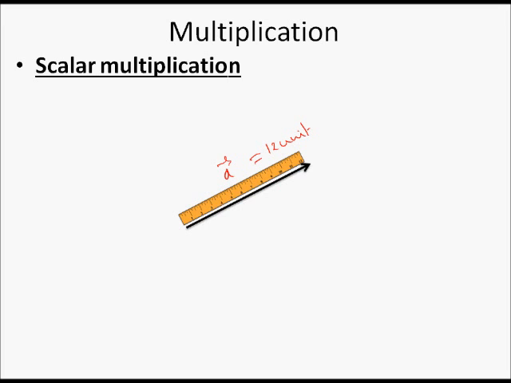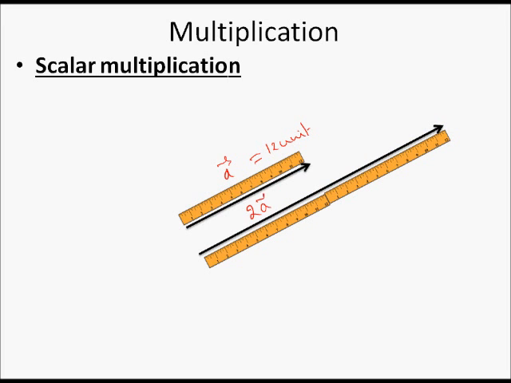If I make 2A, it is in the same direction, but the length becomes 24 units. What about half A? It will be in the same direction, but the magnitude would be just 6, half of the original magnitude of A.